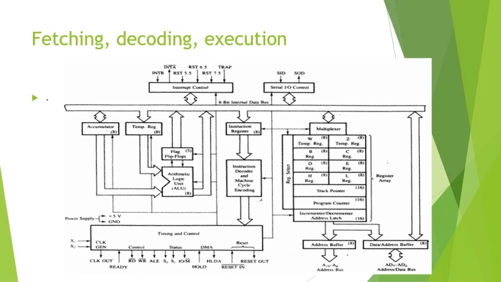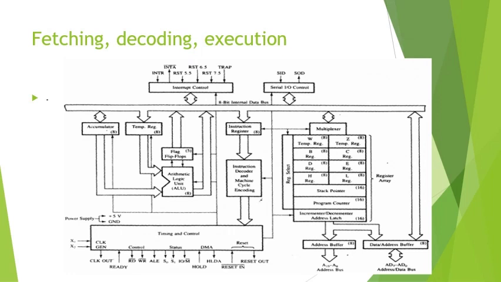Firstly, the microprocessor addresses the memory location and reads the data inside this memory location. This is called fetching, reading the data from the memory. Now, we do our programming in assembly language, but everything in memory is stored in binary, in the form of 1s and 0s, which is called opcode.